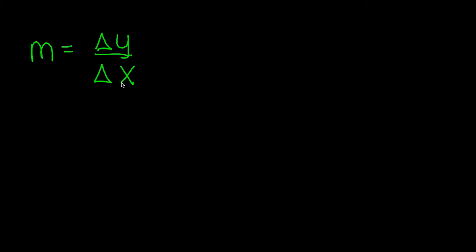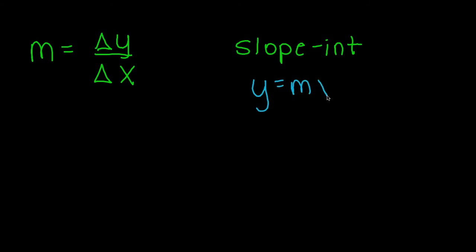We know that there is a form of linear equations called slope-intercept form, and it looks like y equals mx plus b. That's a very helpful form of equations because it tells me both the slope and the y-intercept. The y-intercept tells me approximately where this thing is starting on the y-axis, and the m, my rate of change, tells me how it's changing from that place.